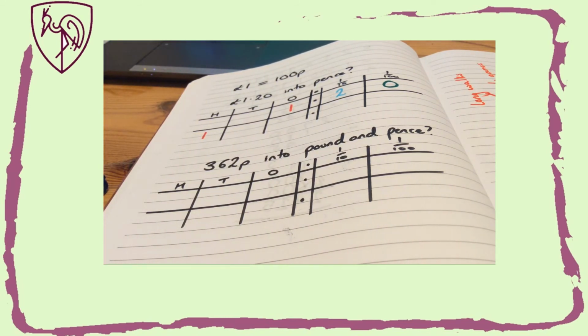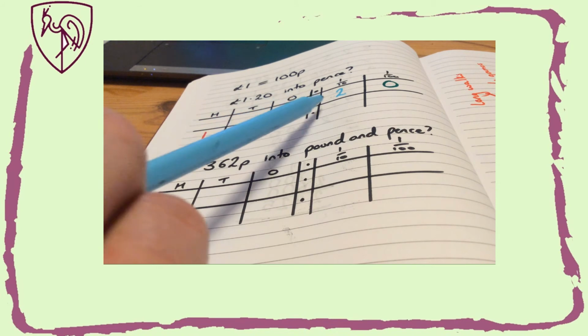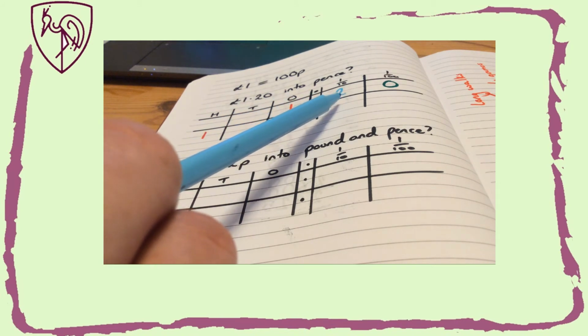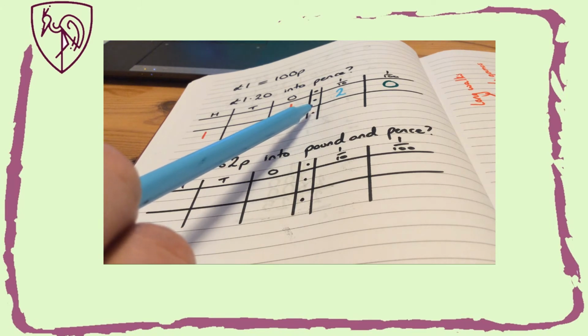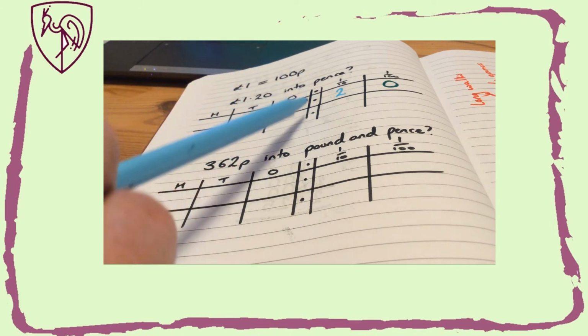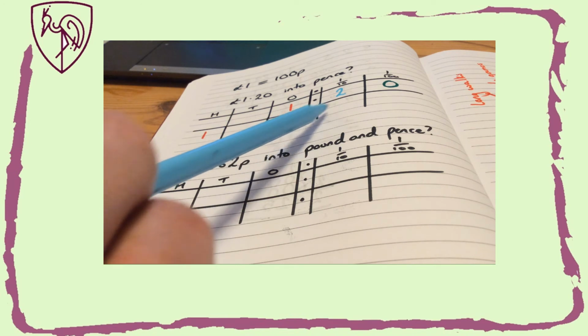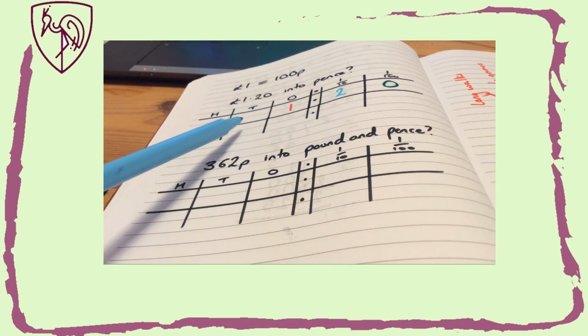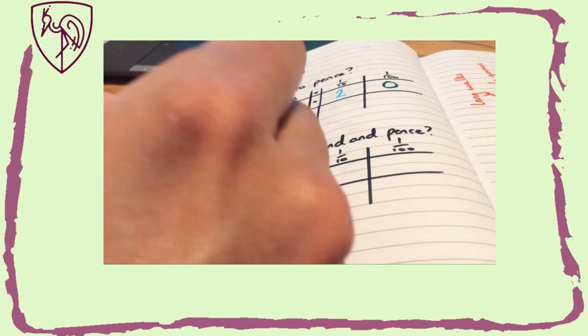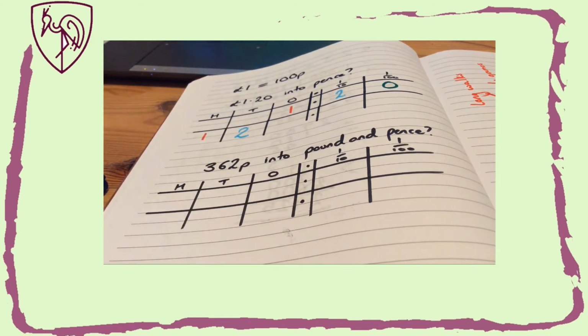Now the other digits are going to follow. The 2 tenths is going to move 2 spaces, 2 columns. It cannot go in this column, which is filled by a decimal point. So its first move is going to be into the ones, and then its second move is going to be into the tens. So the 2 ends up in the tens.